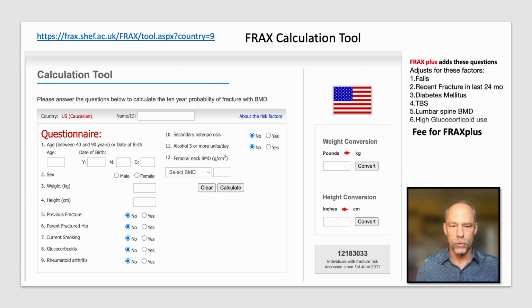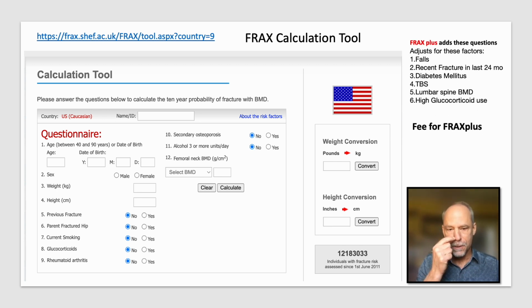There is a new tool called the FRAX Plus. And this also adjusts for the factors to the left, but then adds falls, recent fractures, and diabetes, because diabetes actually decreases bone strength despite a decrease or not in bone density.